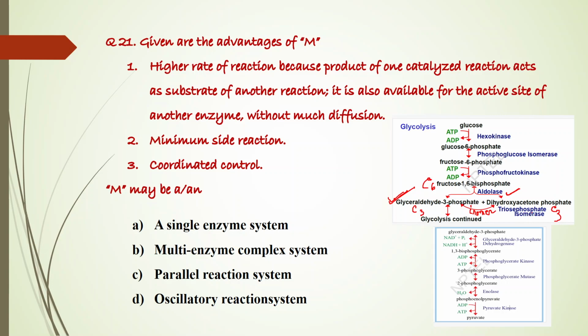But this triose phosphate isomerase has its affinity in such a way that it generally converts most of the molecules to this dihydroxyacetone phosphate. Okay, so it has a higher tendency to form this one, but we already know that dihydroxyacetone phosphate cannot continue the glycolysis process. Only the glyceraldehyde part will do.